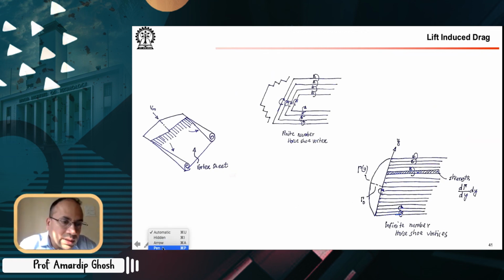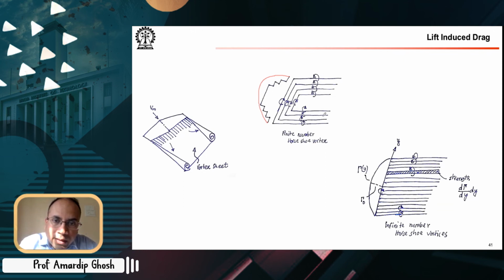So if you see the sequence of contrails instead of just two, what we do is we say, remember our circulation has a distribution something like that. So you can think of various horseshoe vortices that are aligned like this.